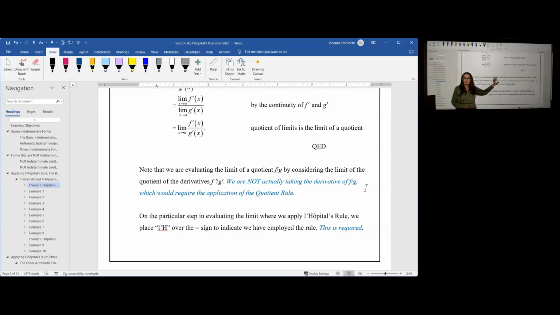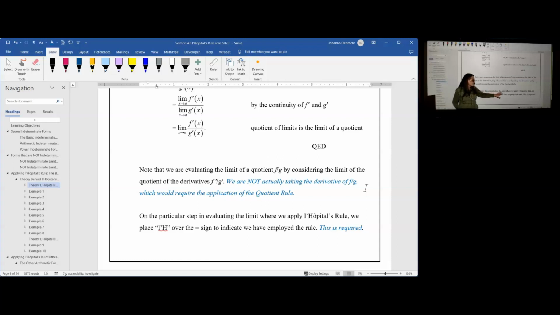L'Hopital's rule has nothing to do with that. We are instead using local linearity and saying that the limit of the ratio of two functions that are differentiable around a, except maybe at a, must be equal to the limit of the ratio of their derivatives.